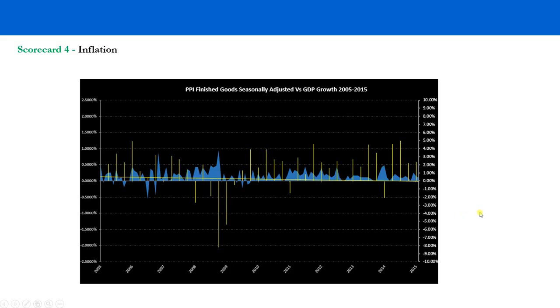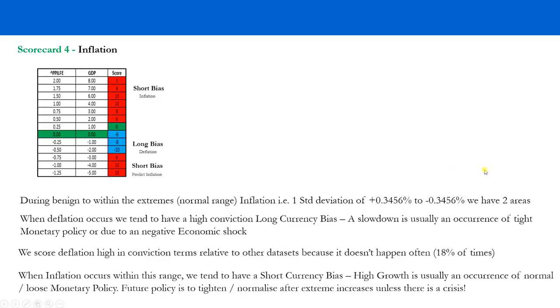So we're getting a full understanding here of how things work in terms of PPI ex food and energy relative to levels of real GDP growth. And we're also getting an understanding of what levels of inflation, PPI ex food and energy, are associated with certain levels of real GDP growth.